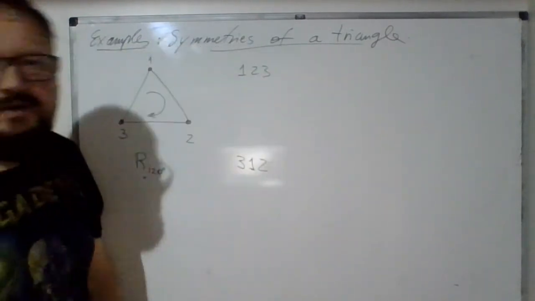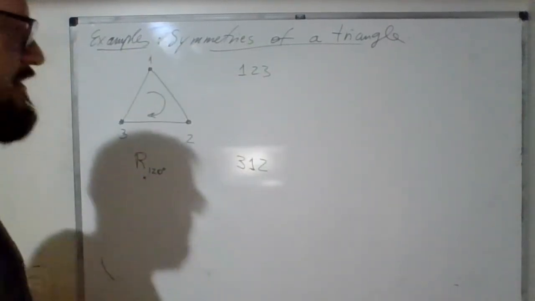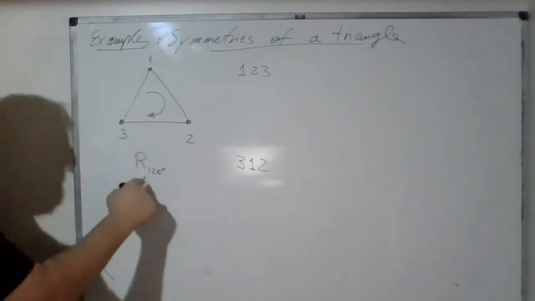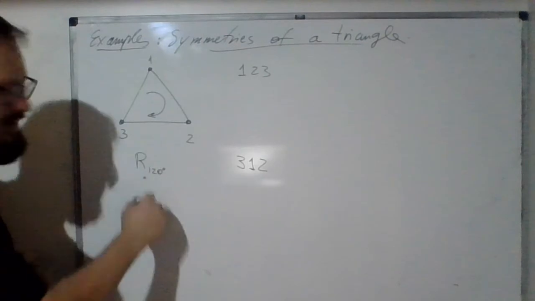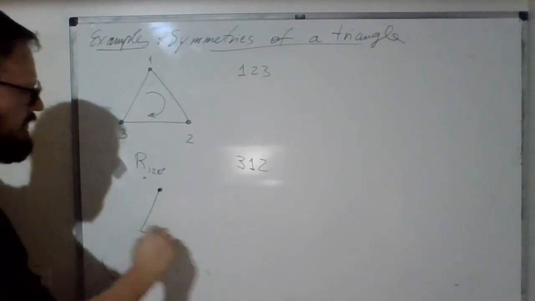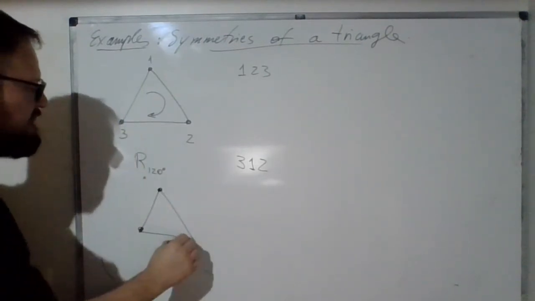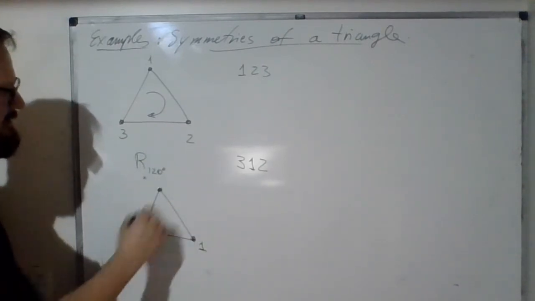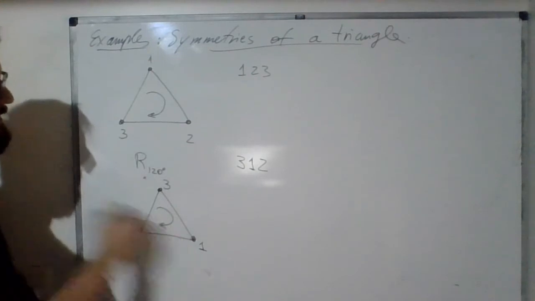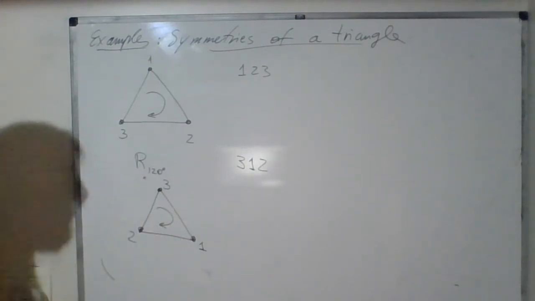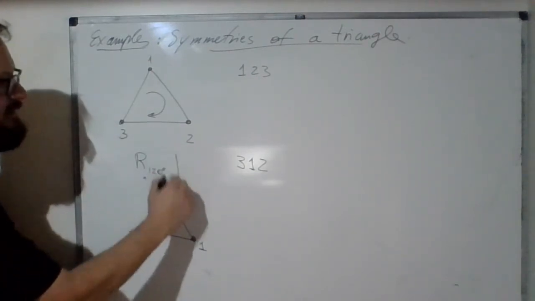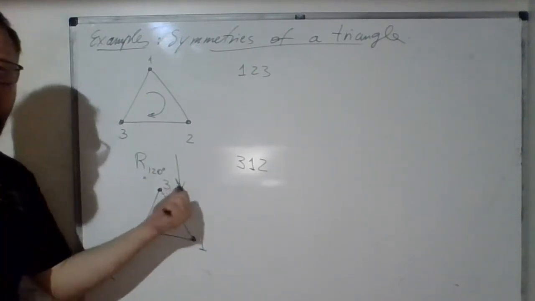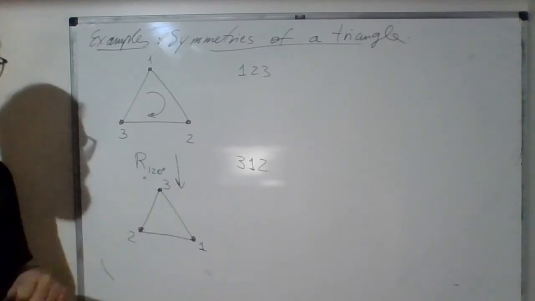So you're just rotating the points, and the triangle, after the rotation by 120 degrees, will become coincident with itself, but the labels are exchanged. After the rotation, the triangle coincides with itself, but the labels are changed.